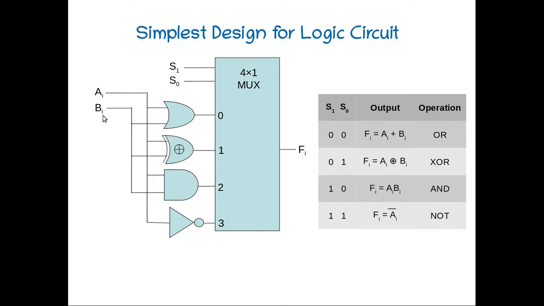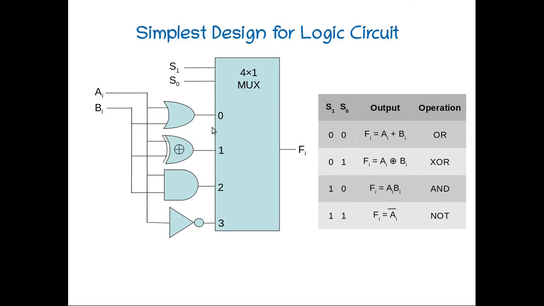Here Ai and Bi are single bits from the A register and B register. This corresponds to the ith bit from the A register and this corresponds to the ith bit from the B register. So the circuit is for one bit, or one stage.